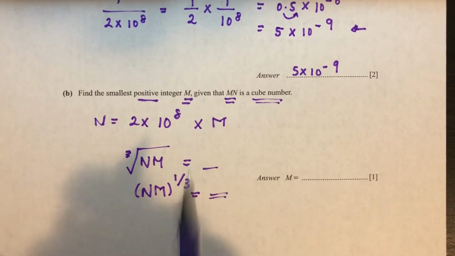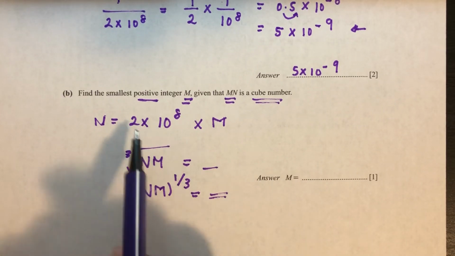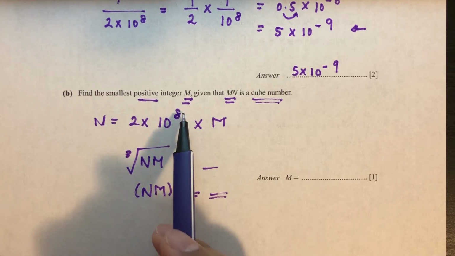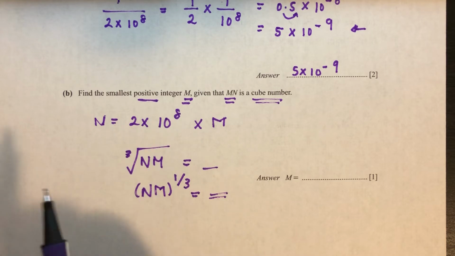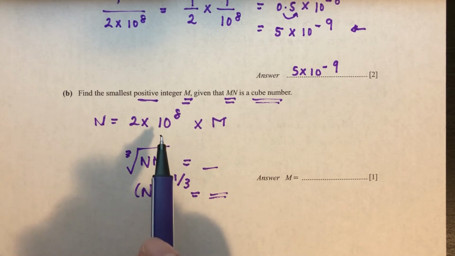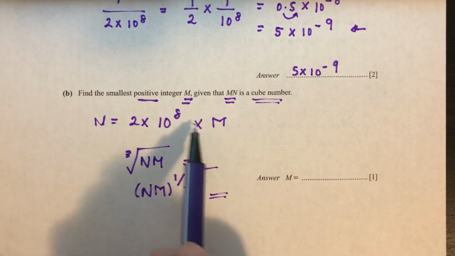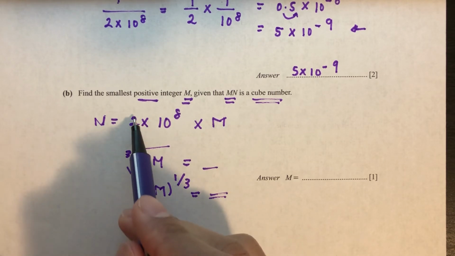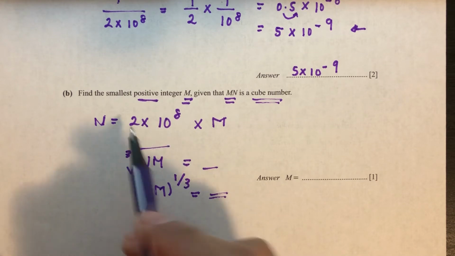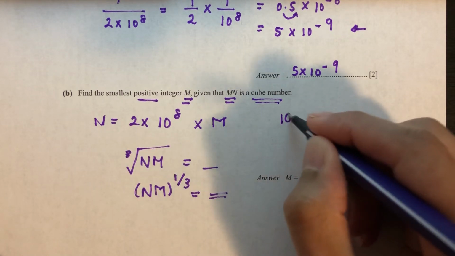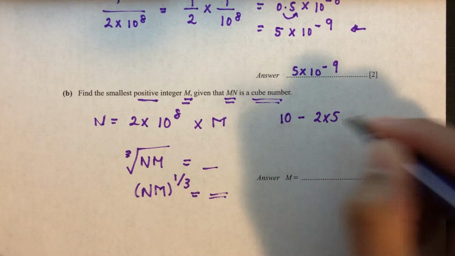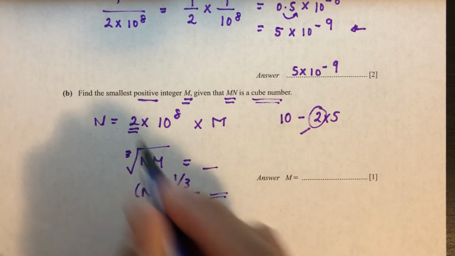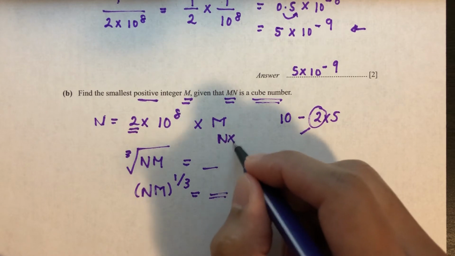So we have to observe the power of 2 is 1, and the power of 10 is 8. So what is the smallest number we can multiply n by to have this become a cube number? We see that 10 is actually 2 times 5, so we have a 2 here already. What happens if we take n times 5?